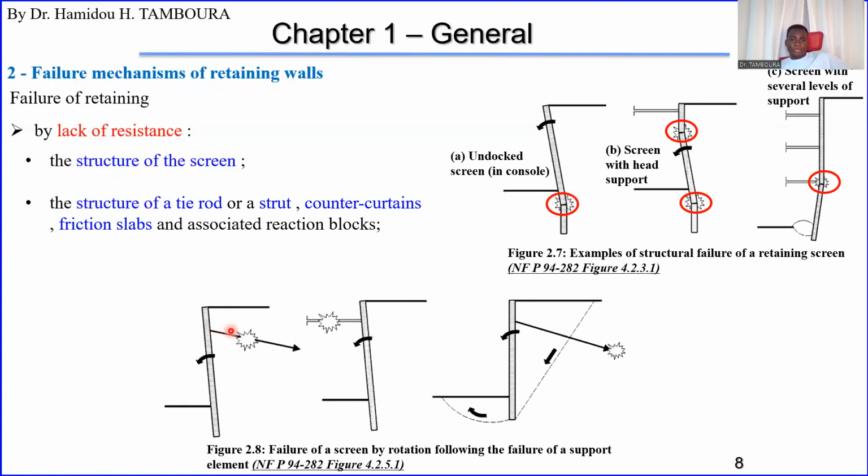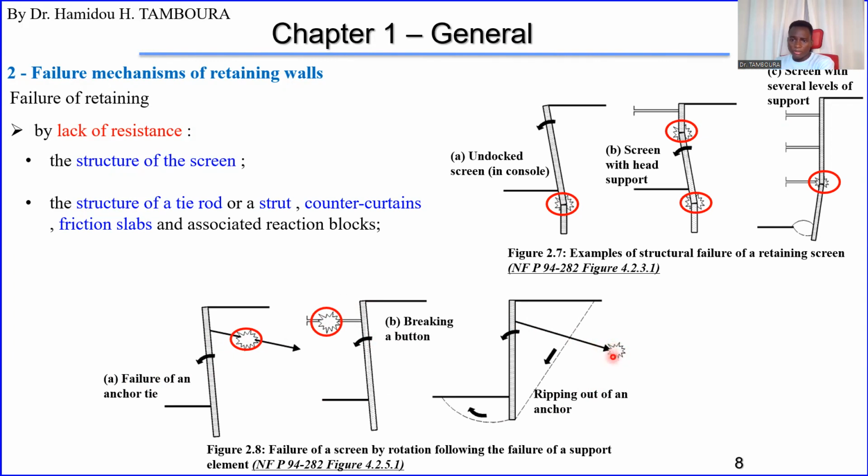So here, the first case, case A, we have the failure of the anchor. This anchor is breaking around here. Okay. And in case B, the support will break. And the last one is when the anchor itself is becoming loose.